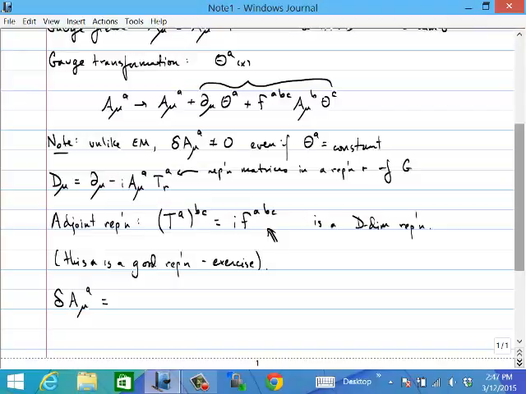Okay. So let's just write that out a little bit more explicitly. So what was this? This is D mu theta^A plus F^ABC A mu^B theta^C. So here, when I wrote down the covariant derivative, I didn't write out explicitly the index that ran over the representation. Whereas here, I've written out the index explicitly. They're the B and C indices.